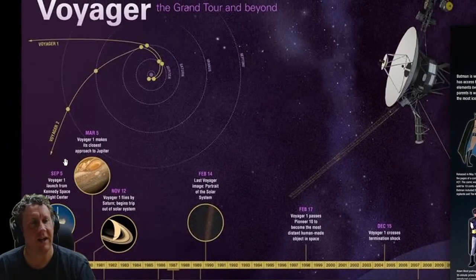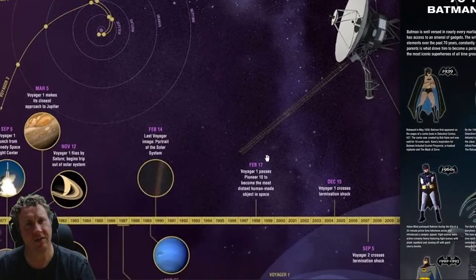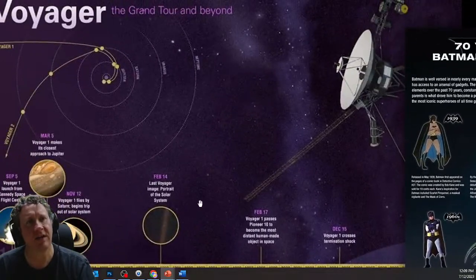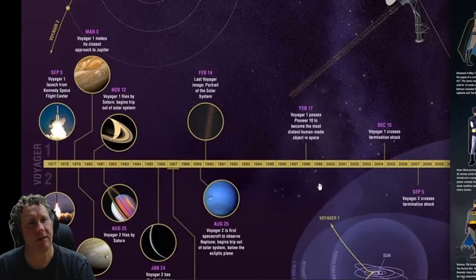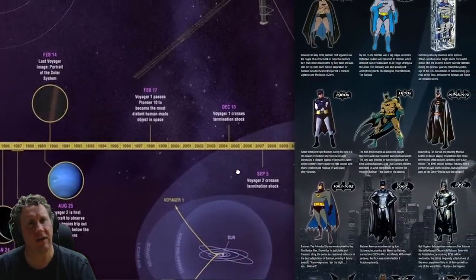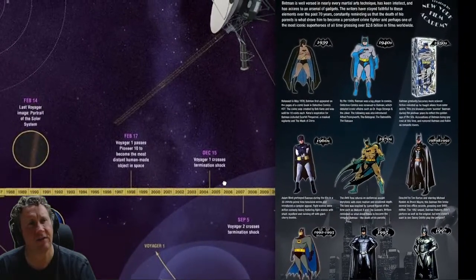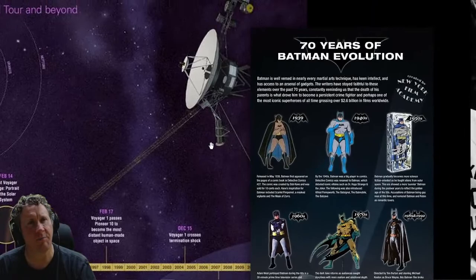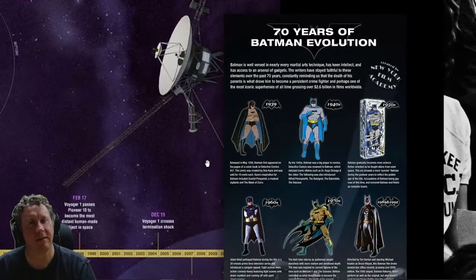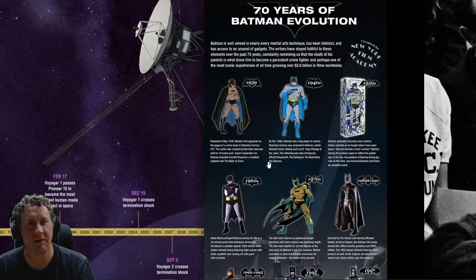So here's a cool example of this. It shows the trajectory of those satellites. Is it a satellite? I don't know if Voyager is technically a satellite since it's not a probe. Yeah. Something that's probably a little bit less sophisticated.